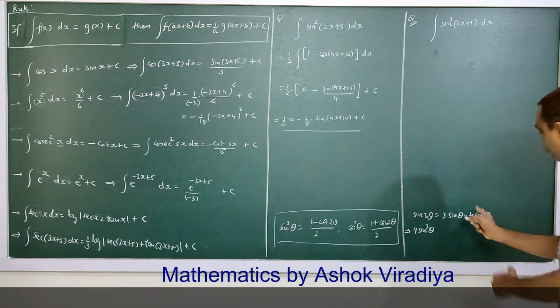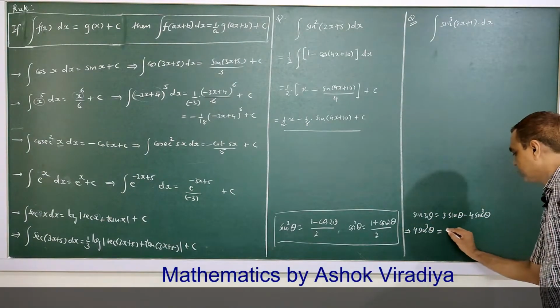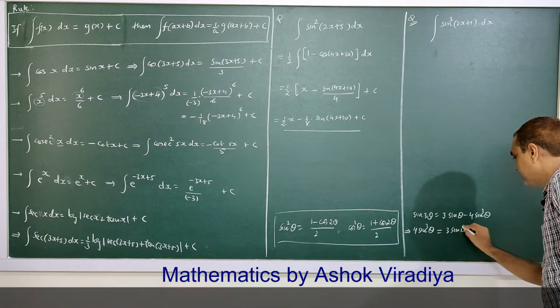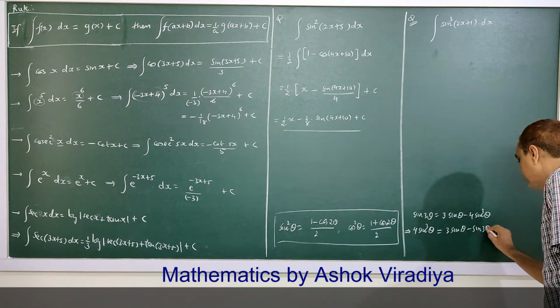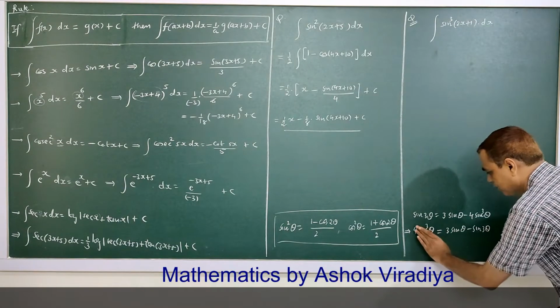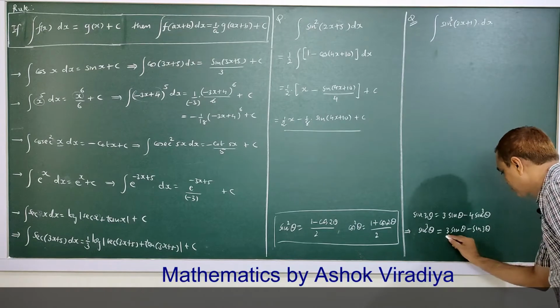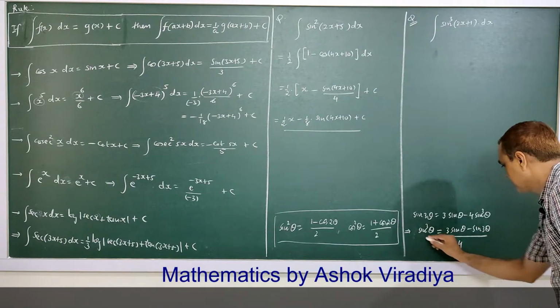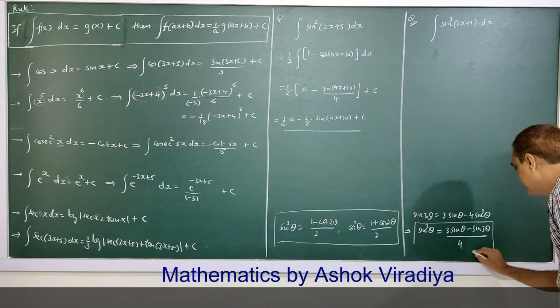Therefore, 4 sine cube theta is equal to 3 sine theta minus sine 3 theta. So sine cube theta is, now I divide by 4. So dividing by 4, we shall use this result.